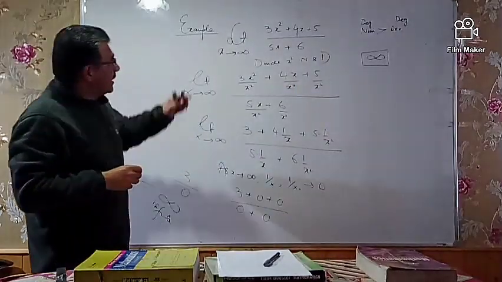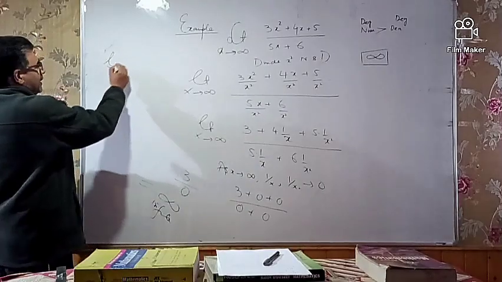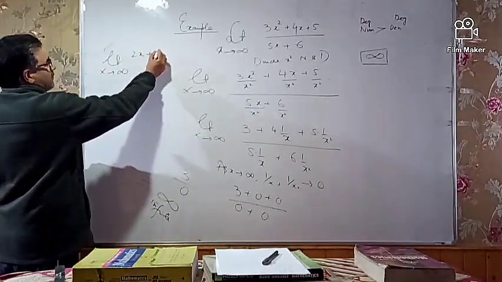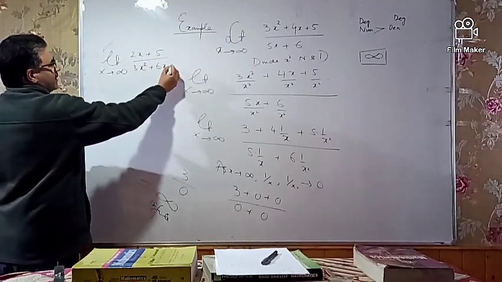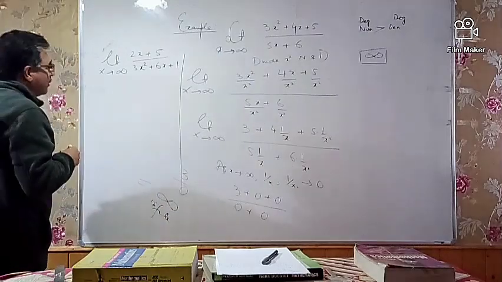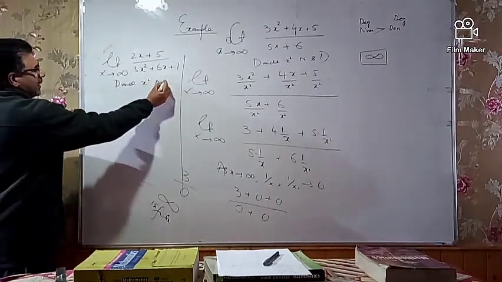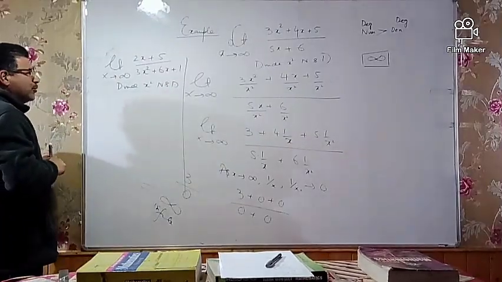Now if the degree of the numerator is less than the degree of the denominator, for example, I'll write here limit x tends to infinity, 2x plus 5 divided by 3x square plus 6x plus 1. Suppose you have this example. What you will do, you will again divide numerator and denominator by x square, because x square is the highest degree among numerator and denominator.